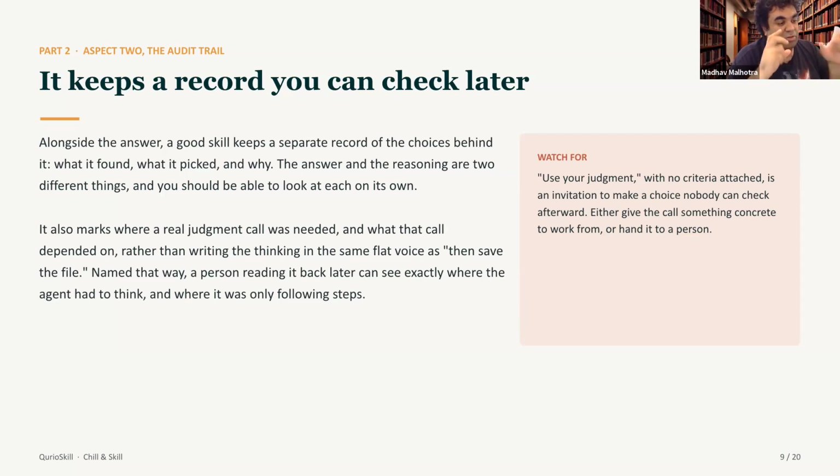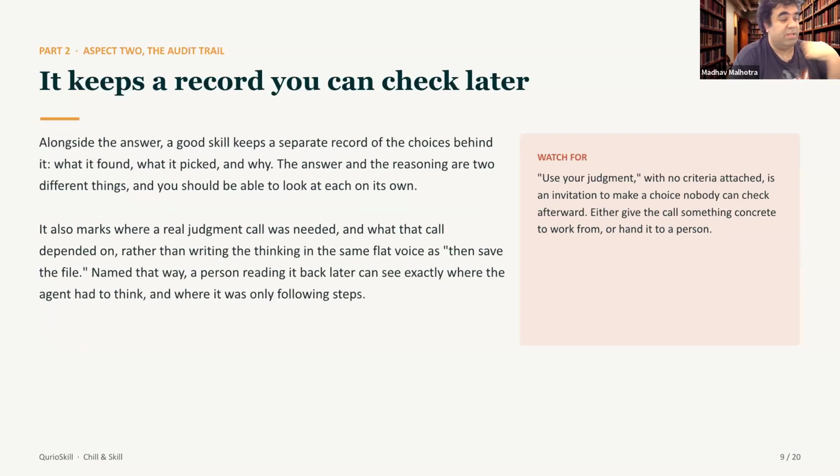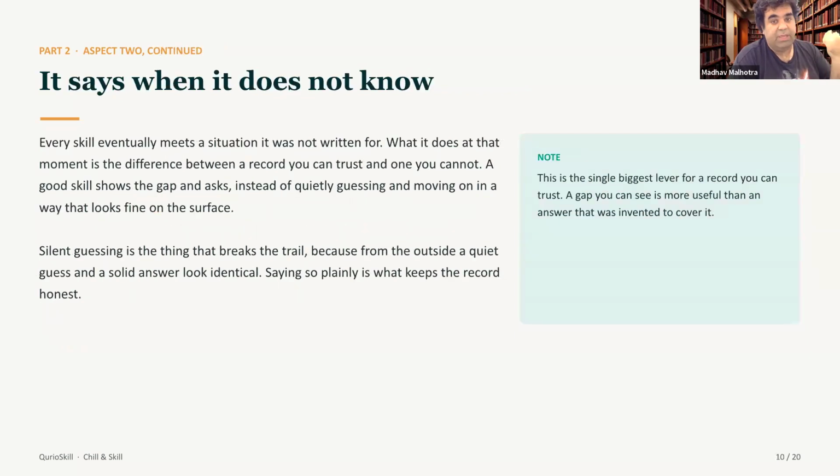A skill should make the language model keep a reflection record: okay, first I did this, this is how it went, this is how it did not go. That record can help you go back and double check what the model was thinking and why it made certain results. So first, make a skill that's interactive. Second, make sure that it is keeping a record.